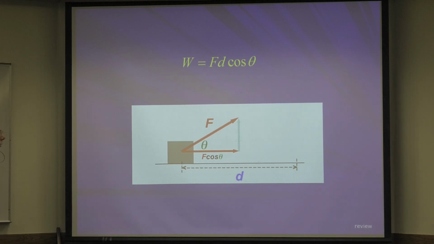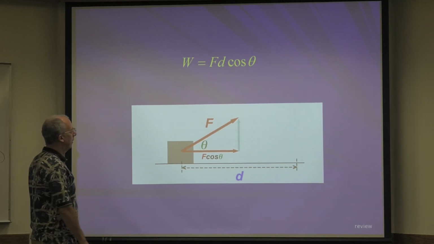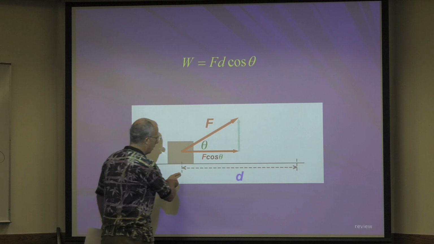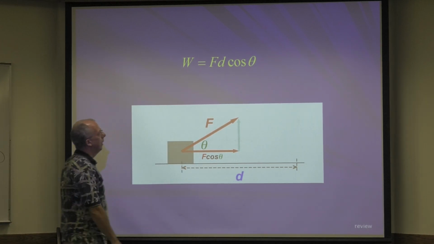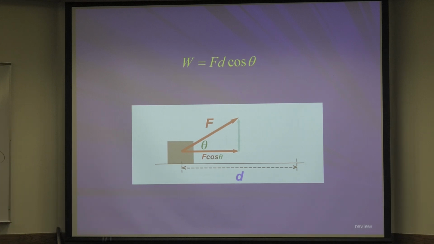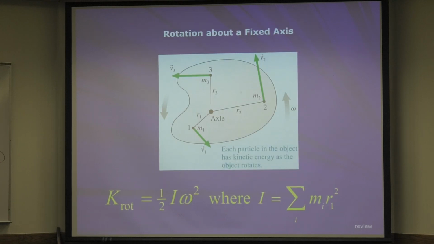Okay, here's the definition of work. Work is the force, the distance it moves, and the angle between them. That's a great definition because that allows you to get positive work, negative work, and zero work, just based on the angle. Rotation about a fixed axis, just a wheel, you're holding the wheel and just spinning.